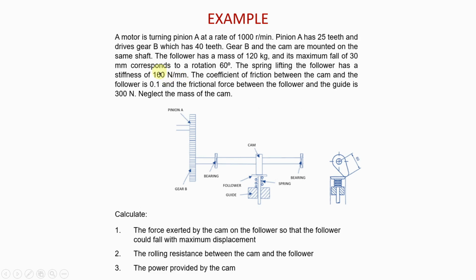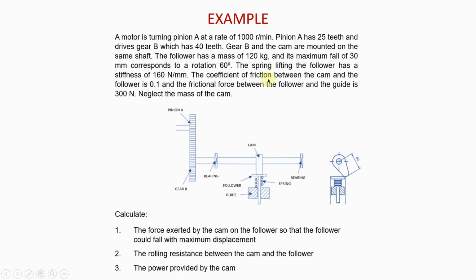You always need to be careful when you are reading the unit for the stiffness, because that will affect your equation for the force that is arising in the spring. So be careful here. When it's given to you in newtons per millimeter, you need to take note of that. So this here is 160 newtons per millimeter. That's the stiffness of this spring.